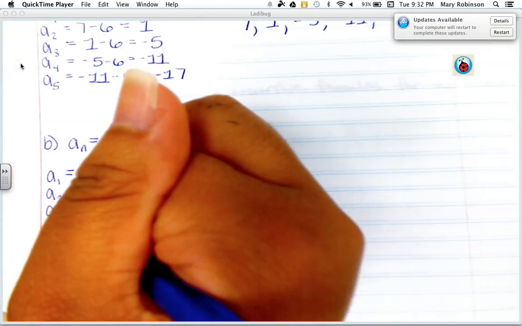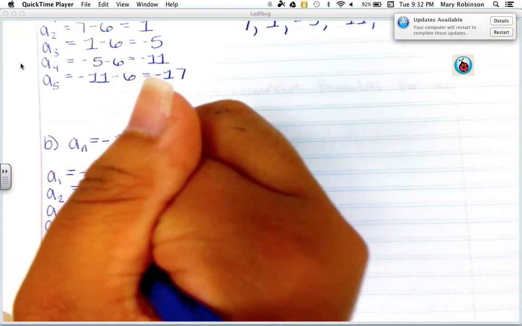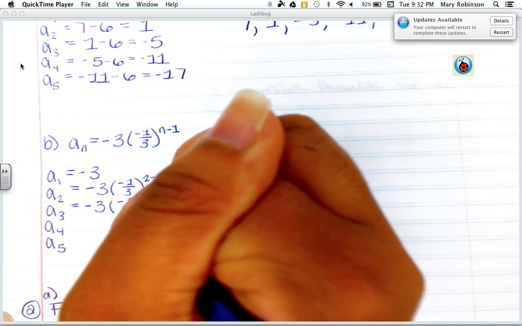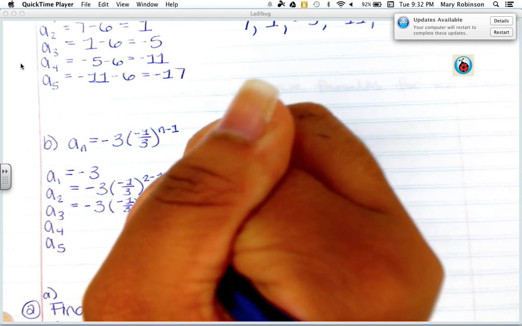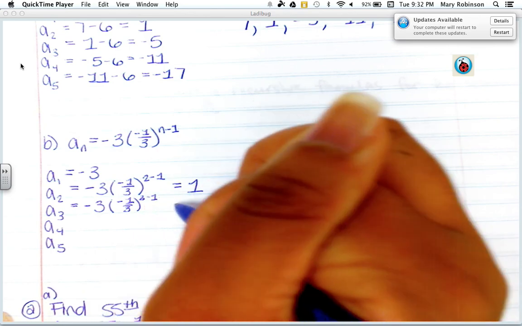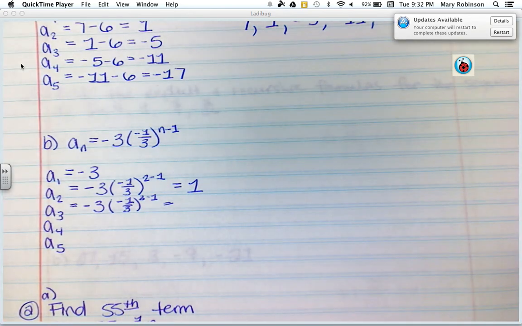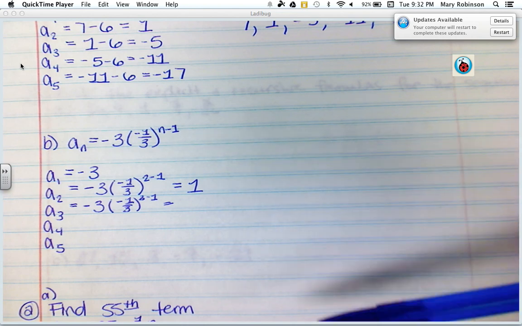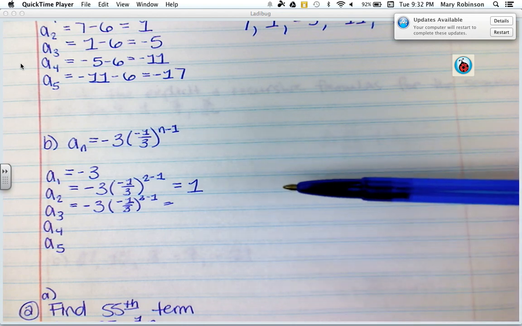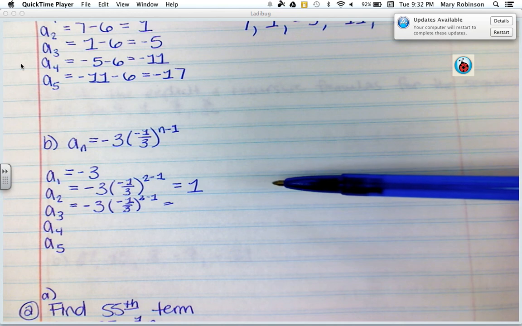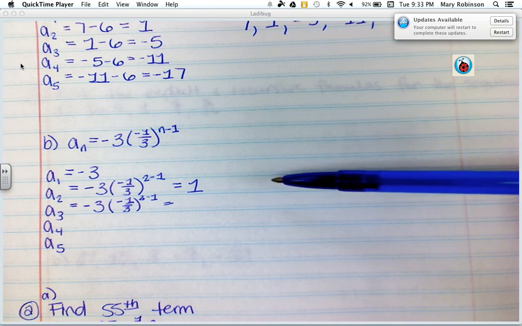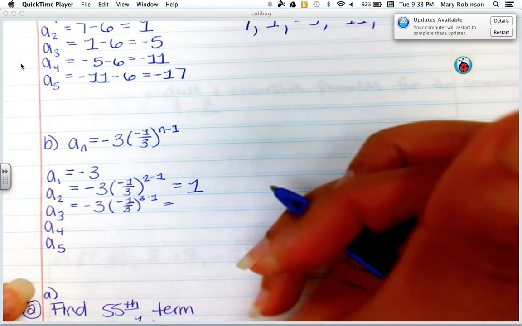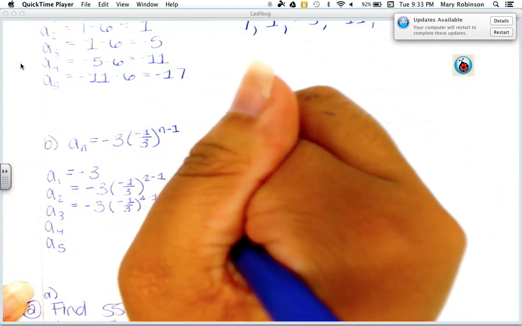Then the third term is going to be negative 3 times negative 1/3 to the 3 minus 1 power. In other words, it's going to be negative 3 times negative 1/3 squared. So that's going to give us negative 1/3.